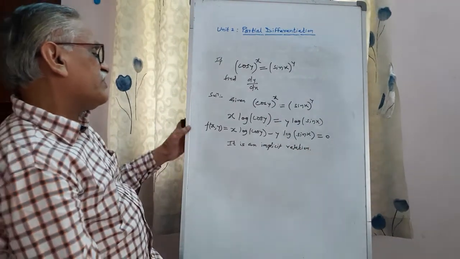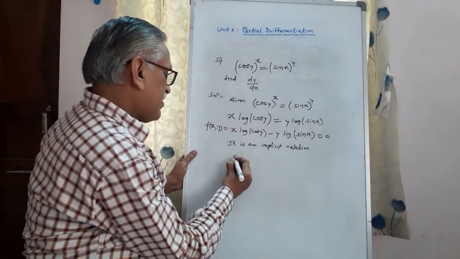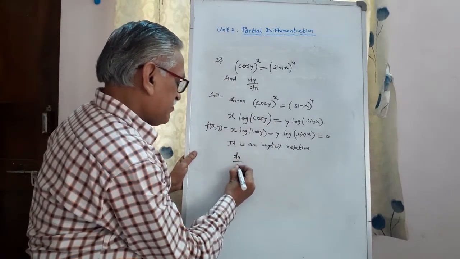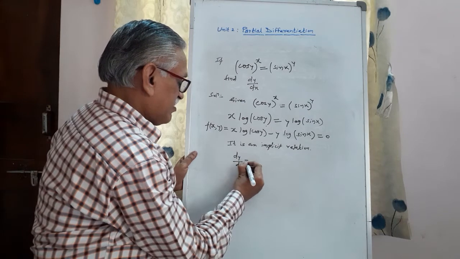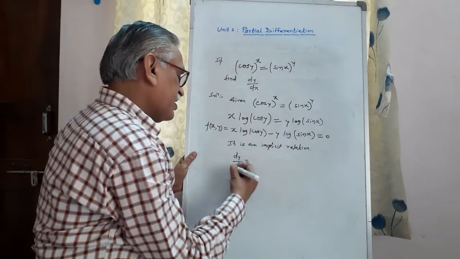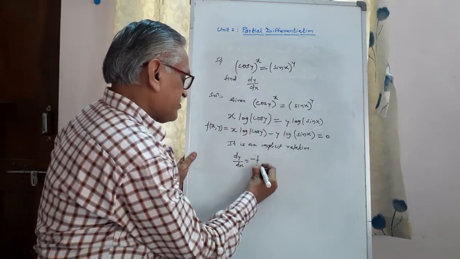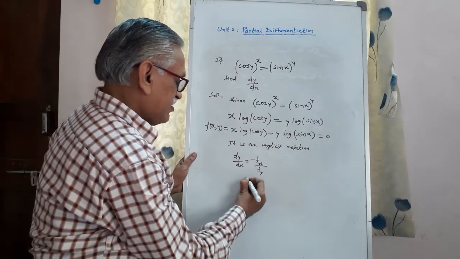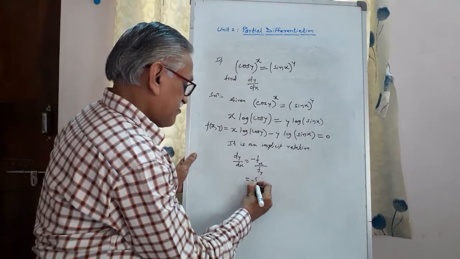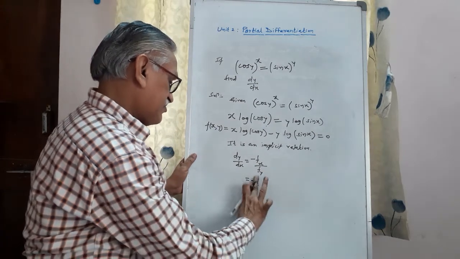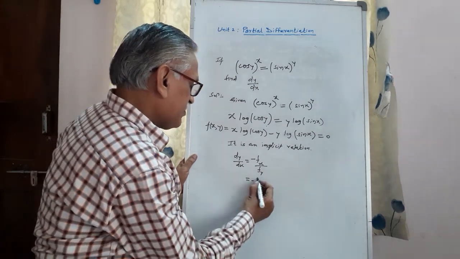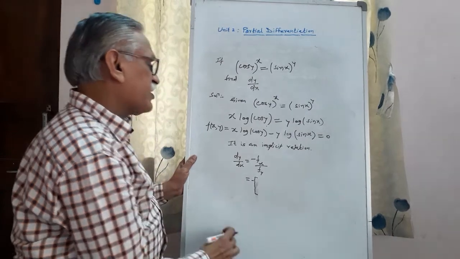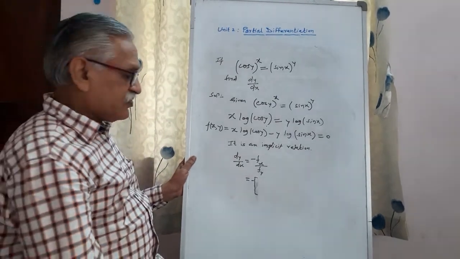And as it is an implicit relation, dy by dx is given by result number 4th, that is minus fx upon fy. It is equals to minus fx, which means partial derivative of f with respect to x, keeping y constant.